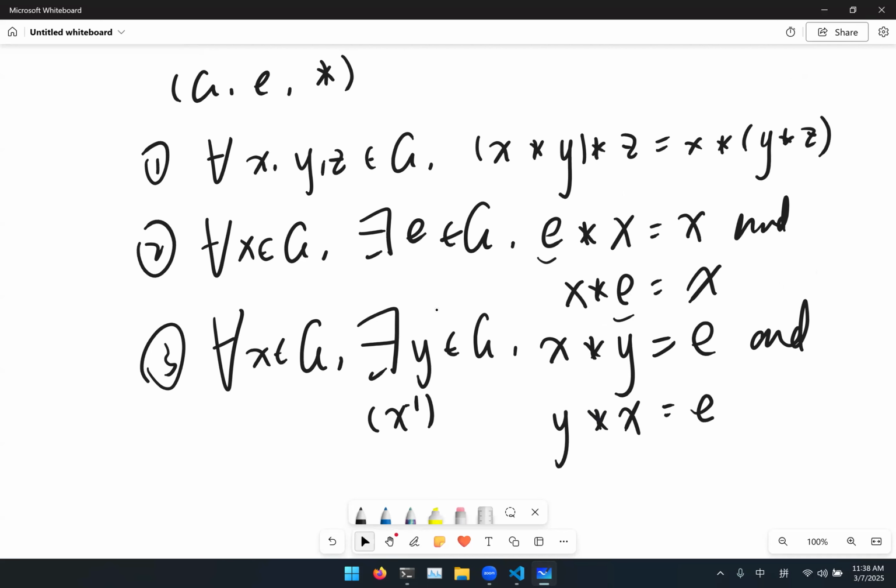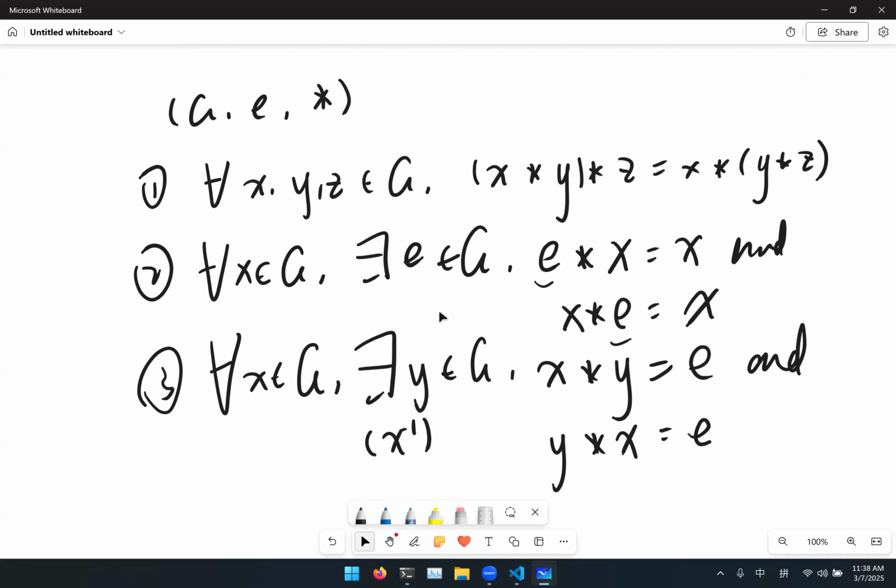So anything that satisfies these three axioms will be a group. Of course we can realize this in Lean, but you need to realize all the conditions here: the left identity, right identity, left inverse and right inverse. There are five of them, which means you need to prove five axioms whenever you want to create a group.